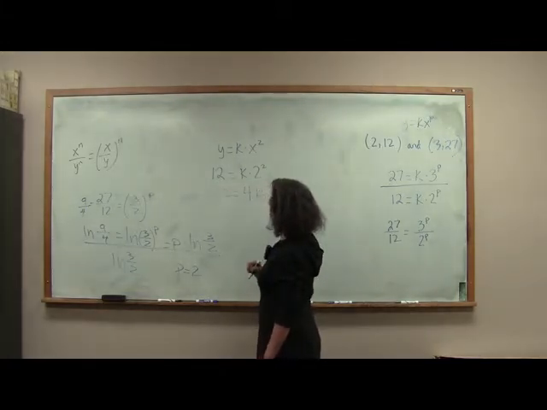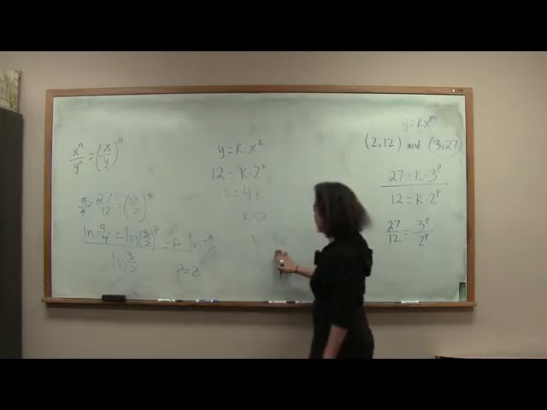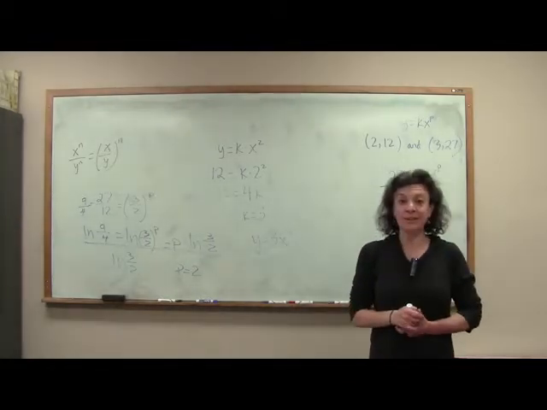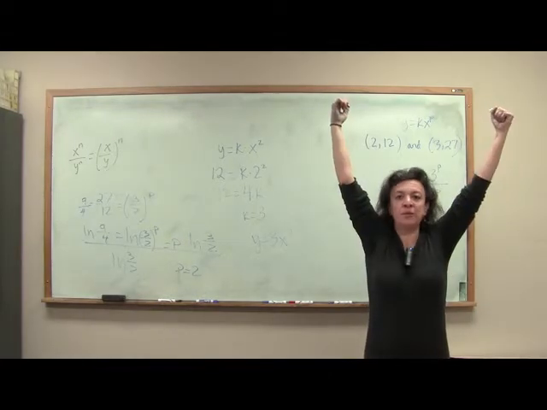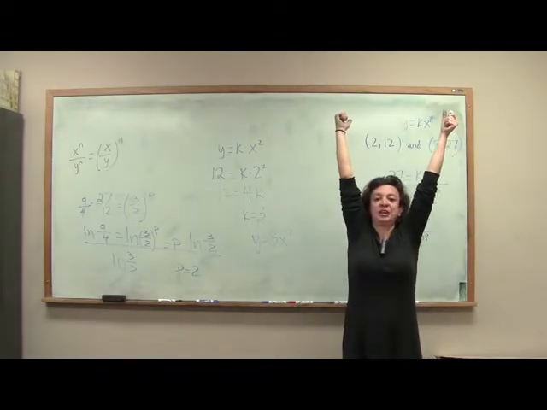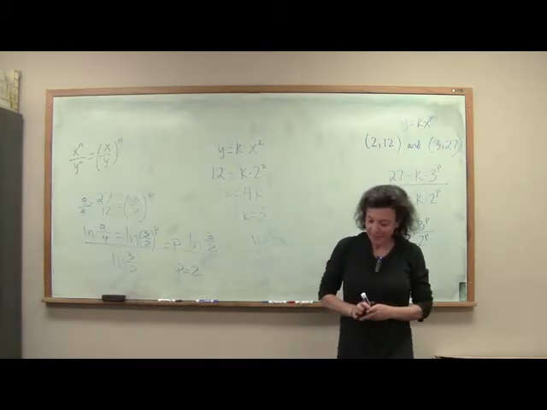So 12 is 4k, so k is 3. So this power function is 3x squared. We even know what that looks like. x squared, notice we're multiplying it by 3. Doesn't that vertically stretch it by a factor of 3? Yeah, cool, huh?